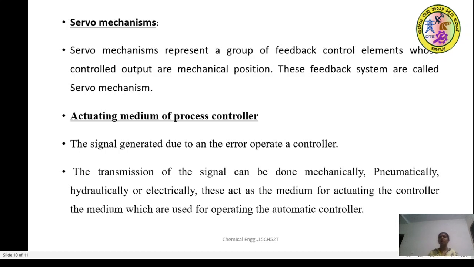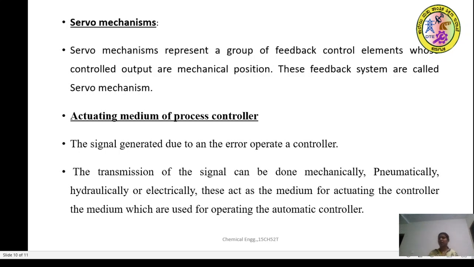Now the actuating medium of the process control. The actuating medium is the medium used to operate the final control element in order to correct the error. We can also say that it is a signal generated due to an error to operate a controller.